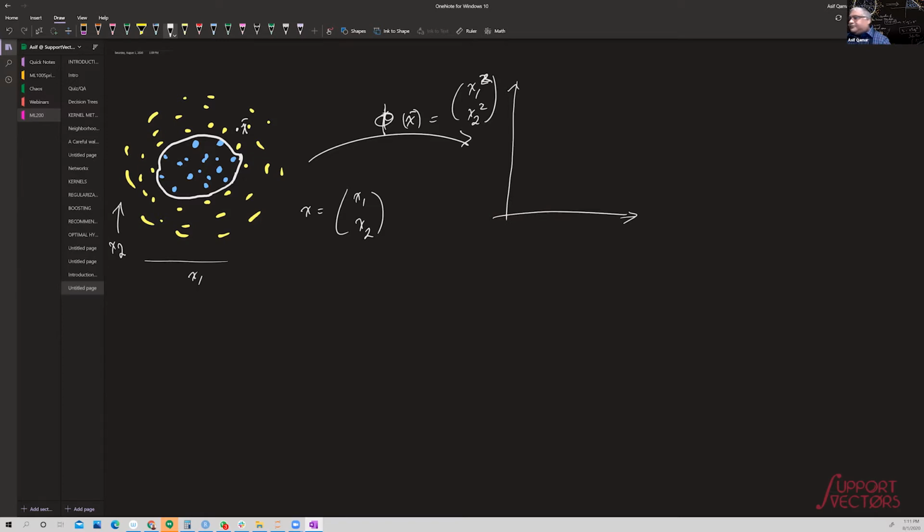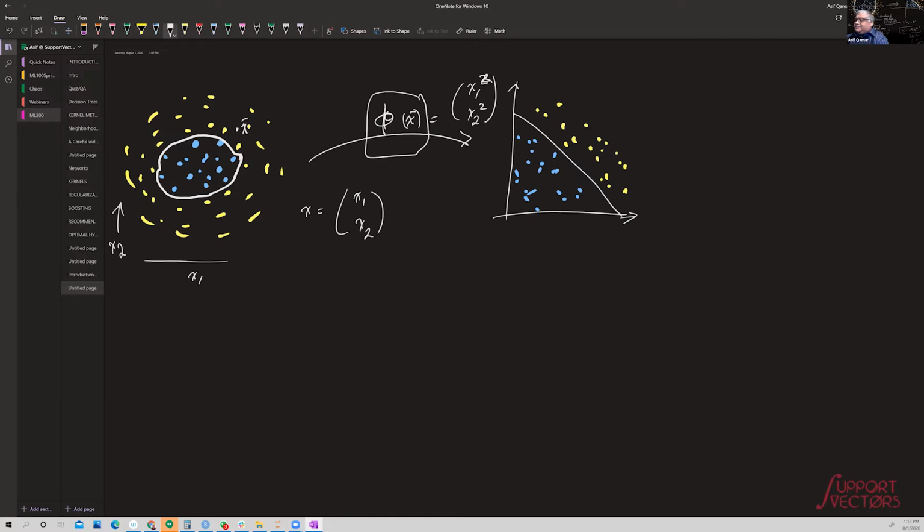If I do this, then if you remember, the decision boundary became like this, and all the blue points were here, and all the yellow points then became here. So the game was, first, if you can find the phi, you are in luck.